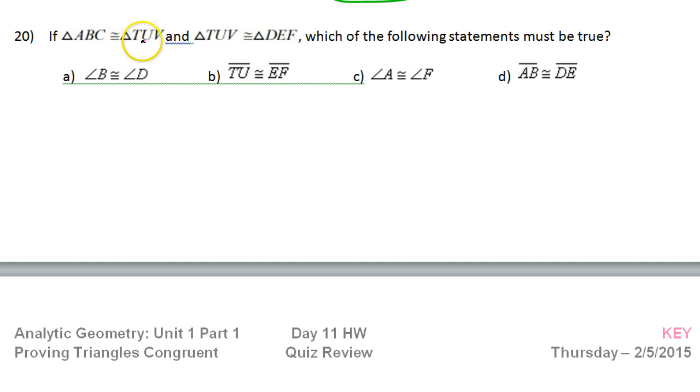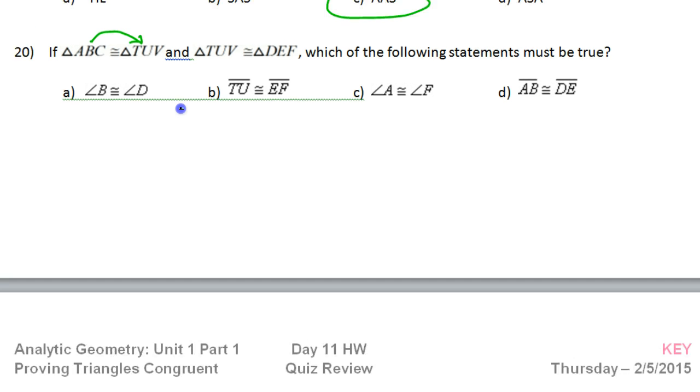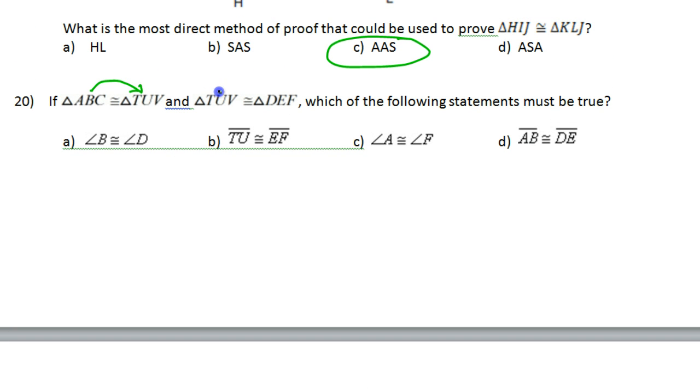Okay, if these two triangles are congruent and these two triangles are congruent, which of the following statements must be true? Interesting. It's sort of like a transitive property. If this triangle is congruent to this triangle, but that same triangle is congruent to a third triangle, then it makes sense that the first triangle must be congruent with the last triangle.